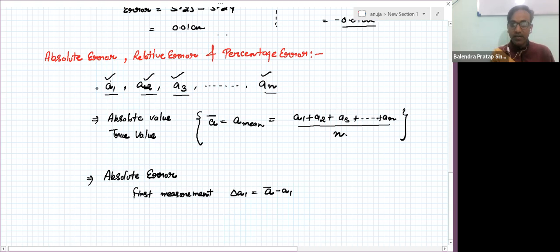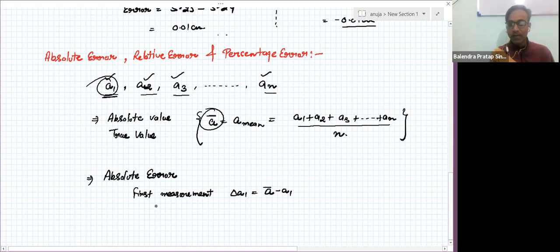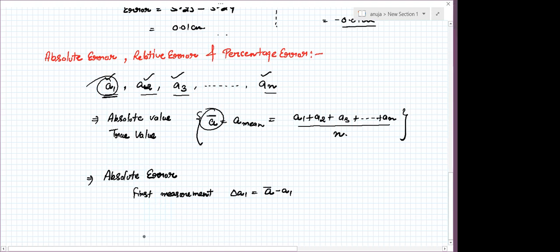Here A1 is here, and delta A1 is A bar minus A1. So you will get your first absolute error in your first measurement. Sir, so for finding absolute error, first we should find the absolute value. Yeah. And then minus it with A1. We will do this process in our numericals.